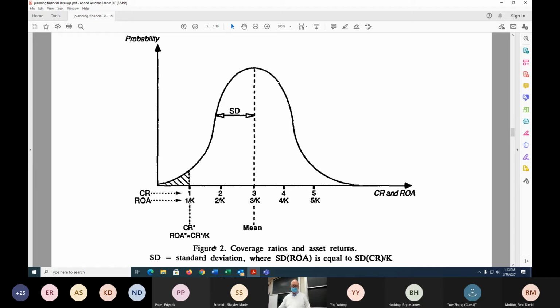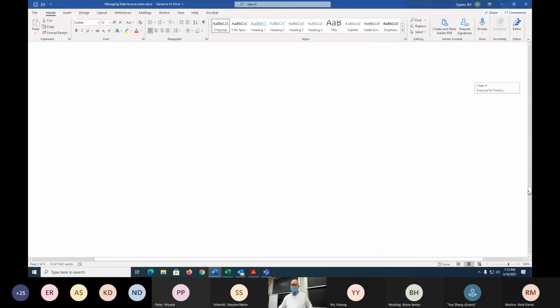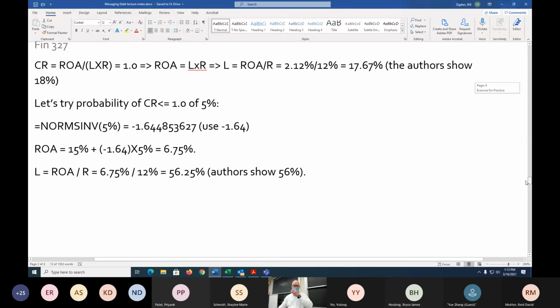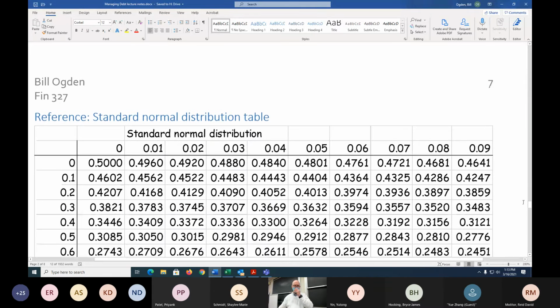Now also in the Word document, if you go toward the end, it looks like page 7, I have what's called a standard normal distribution table with the area in the left tail.